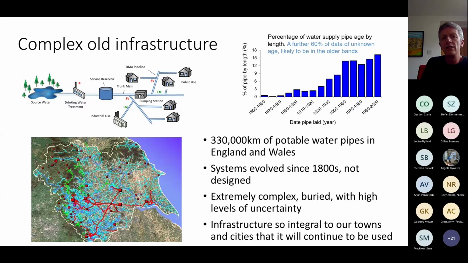Important though is it's not a sterile product. If you were to treat water to a sterile state, you really wouldn't want to be drinking it. So this idea of some kind of perfect product from the drinking water treatment that's not going to change through to our taps is really quite wrong, because it's not sterile. Very low levels of organics and nutrients in there these days, maybe more varied historically.